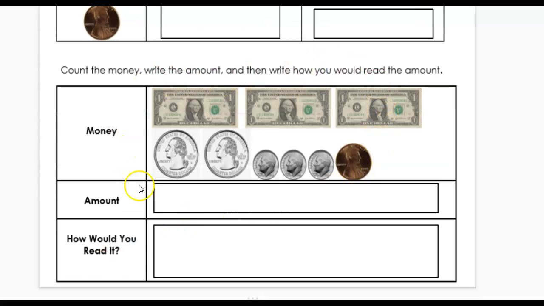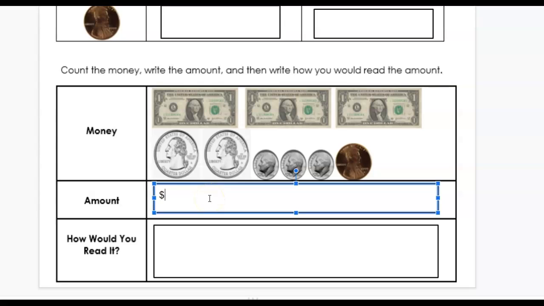In this bottom problem here, you are going to count up all the bills and coins and write the amount in this space here. Then you are going to type out how you would read that amount, like we did in the earlier slide. We will do this one together. So if we look at our bills, we have 1, 2, 3 $1 bills.